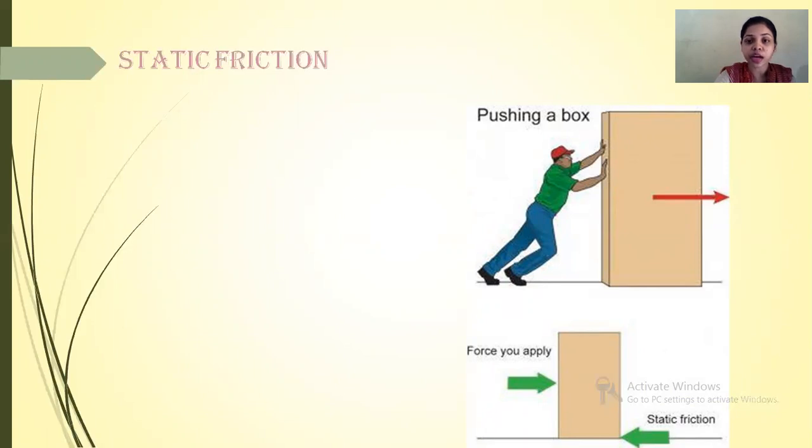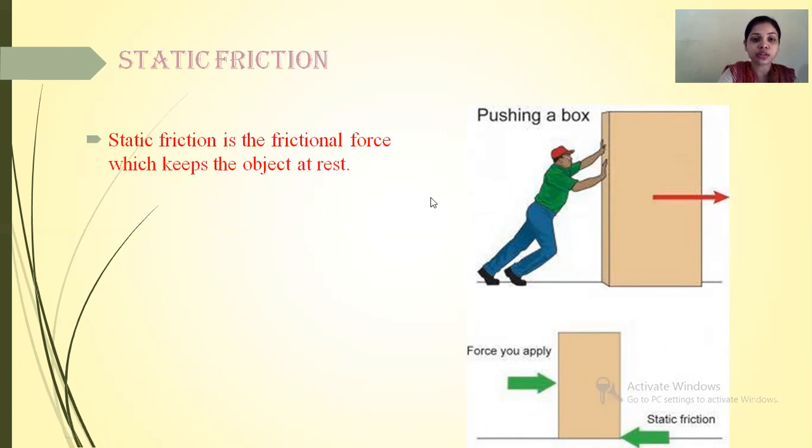Whenever I apply a force to move the body towards the right, the frictional force always opposes this motion. The body stays at rest because the static friction acts in the direction opposite to the applied force. So static friction is the force which keeps the object at rest and does not allow it to move from its initial position.